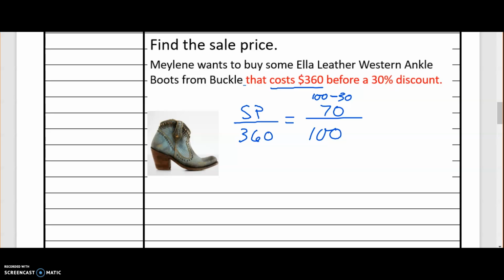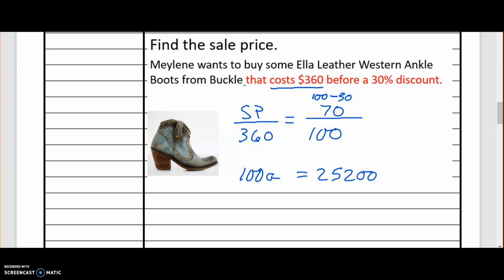So if we do our cross products, we're going to go 360 times 70. That gives us 25,200. And then 100. And we'll use A for part.